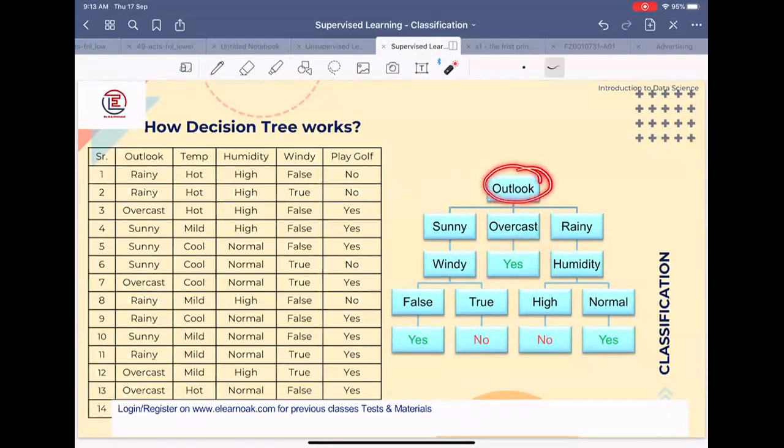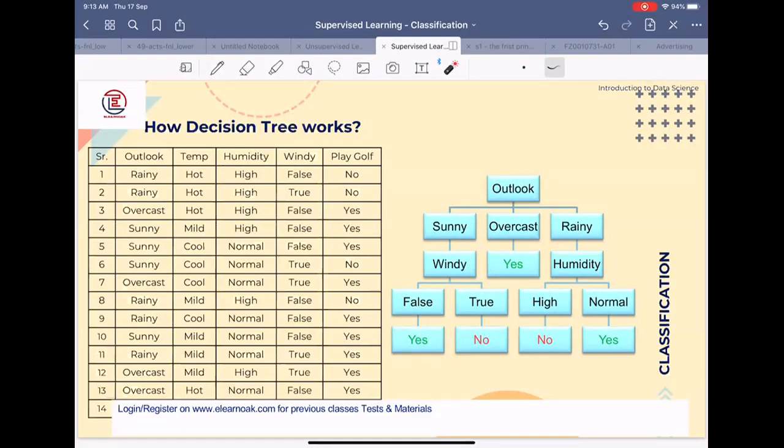If the outlook is sunny, we will look at the next feature called windy. Windy has two options, false or true. If windy is false, we have our answer, we will play golf. If windy is true, we will not play golf.